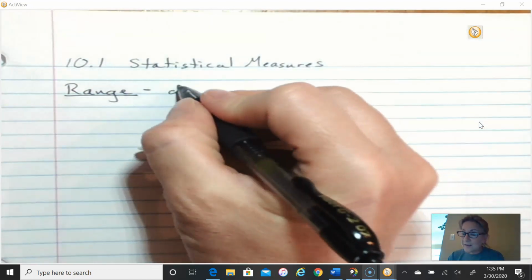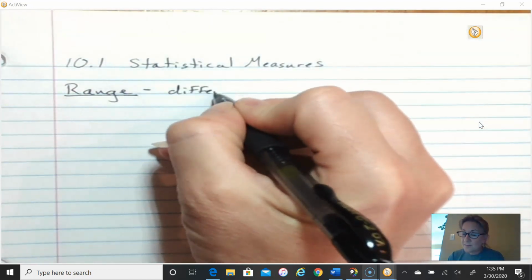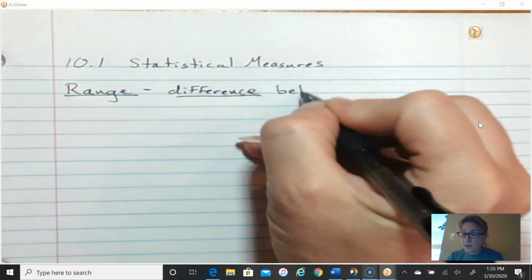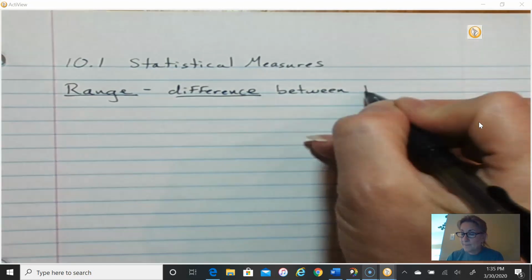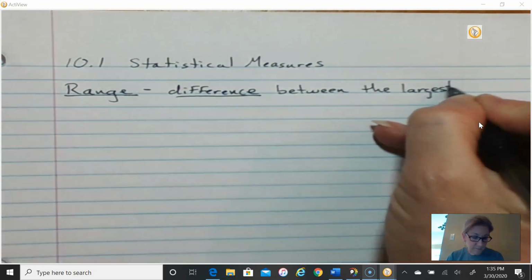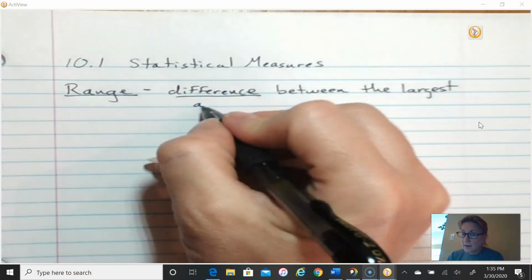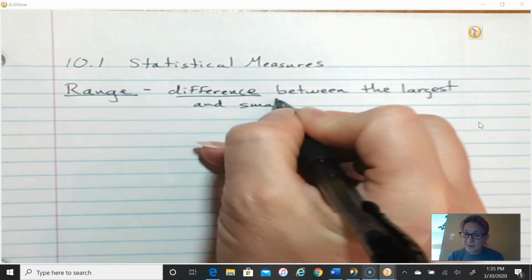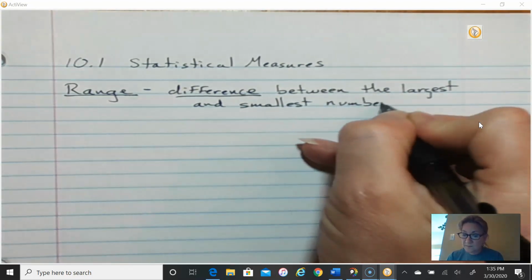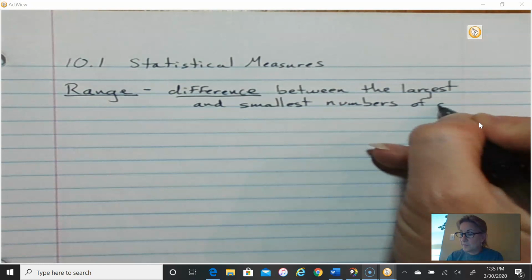Range is the difference between the largest and smallest numbers of data.